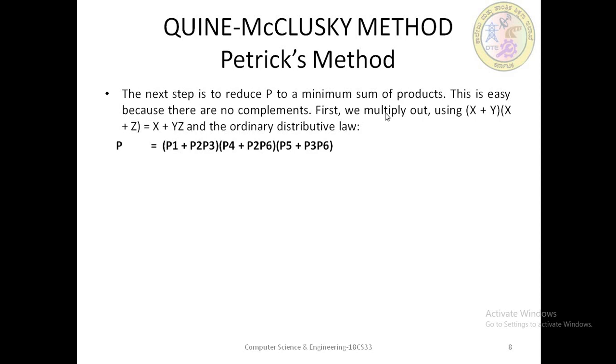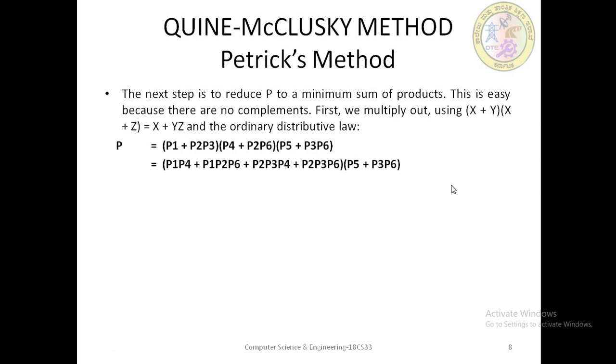In simple Boolean algebra, x plus y times x plus z equals x plus yz. If you apply the same rules, the distributive law, to the previous expression, you will get this result.